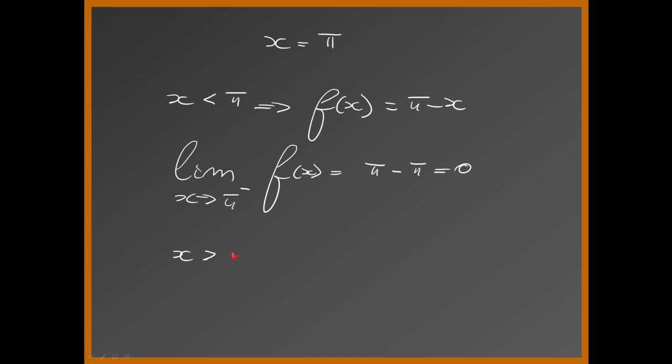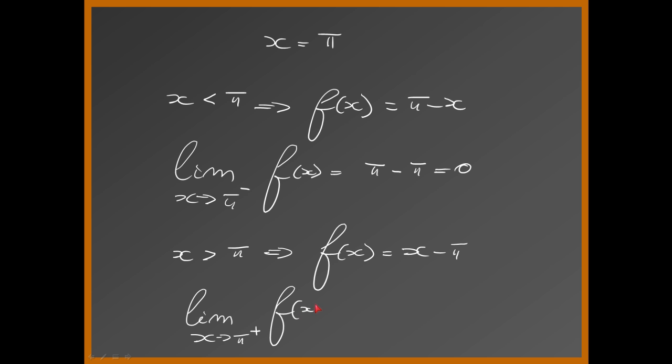Moreover, when x is greater than pi, the function f of x will be equal to x minus pi. Again, the limit as x approaches pi from the right of f of x equals pi minus pi, 0.